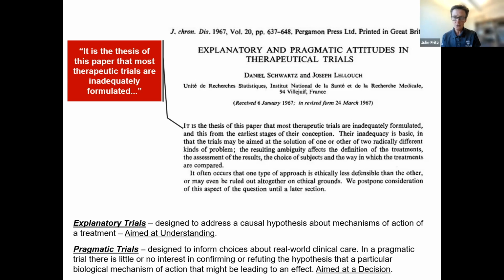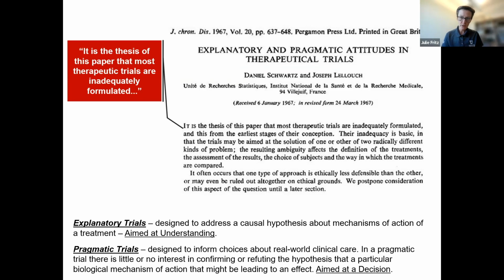So this is soon after the clinical trial enterprise, if you will, was becoming the predominant way of establishing evidence. And these two authors already recognized a distinction that was important to consider when conducting randomized trials. And they used the term pragmatic trial and referenced that against an explanatory trial as having different purposes.